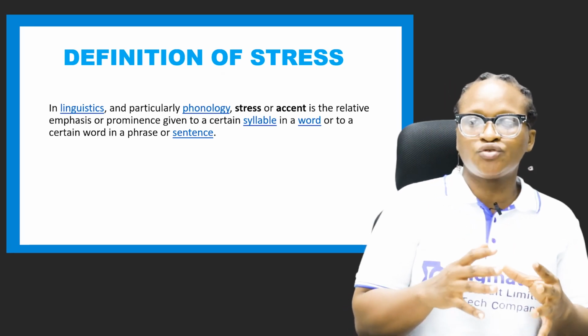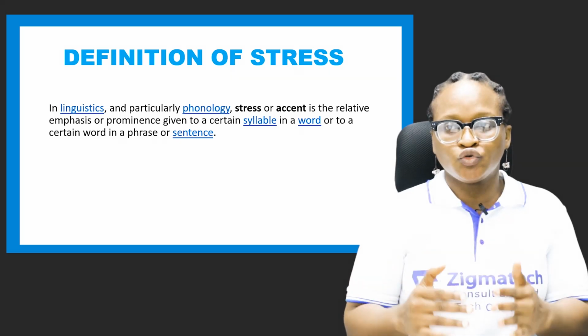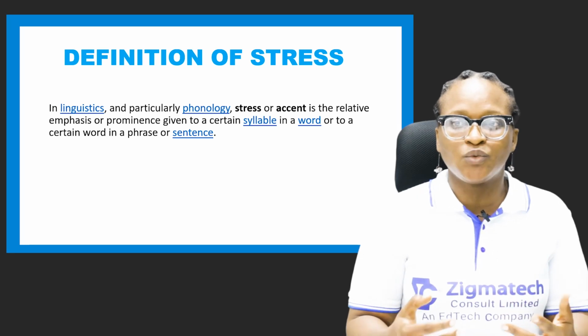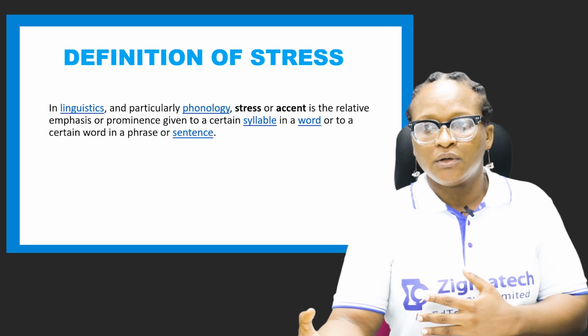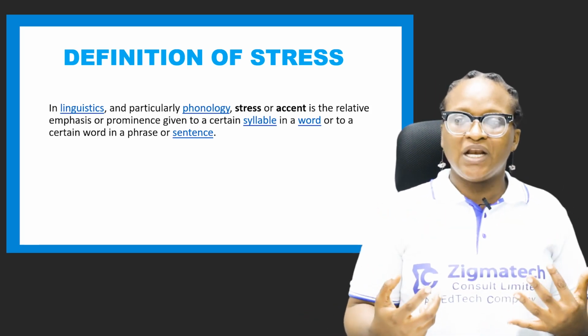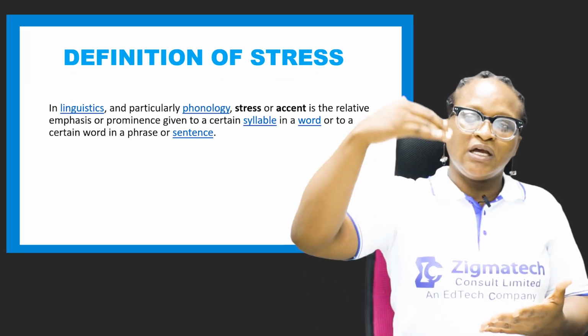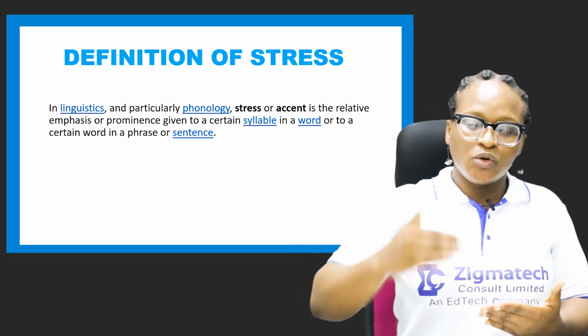So you see that stress can be applied in 2 ways, and that is what brings us to the types of stress. I'll run through it again. When we talk about stress in English, we refer to the exertion of energy. When you're pronouncing a word, you realize that at a certain point, there is a syllable that takes a higher pronunciation. It goes up. That's what we call stress.